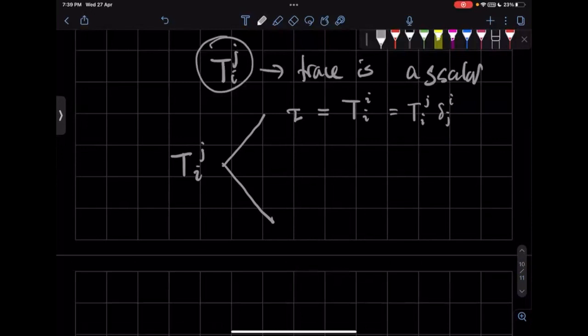And then there is another part, say tau ij, which is Tij minus this trace part, tau, and let's divide it by n, and then put delta ij here.